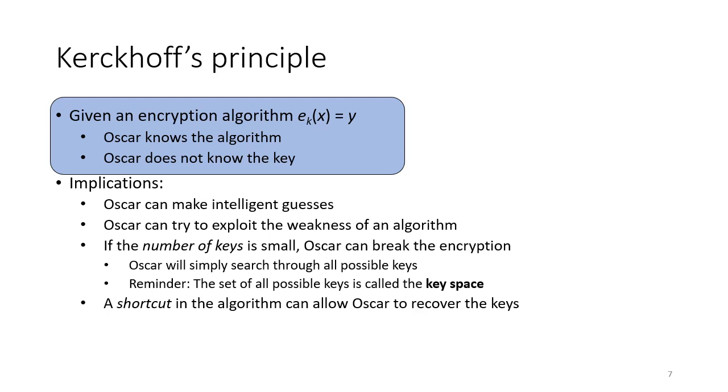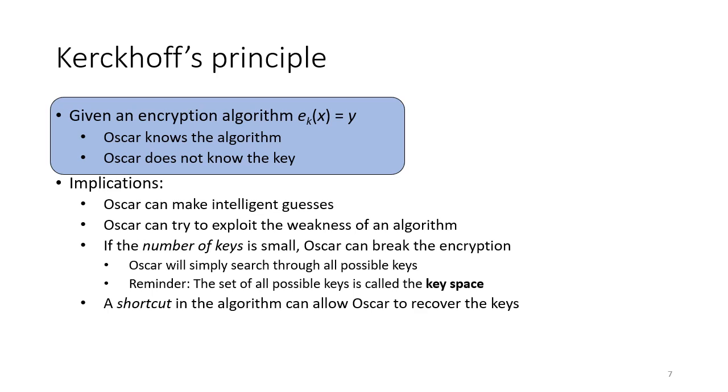And the only thing that the bad guy does not know is the key K. There are some implications of this, and the first implication of this is that you should not hide the encryption algorithm, because if you think that you're going to be secure because your encryption algorithm is hidden, this is unlikely to be the case. Oftentimes the algorithms get leaked, and if there are some weaknesses in these algorithms, then the bad guys can quickly exploit them.